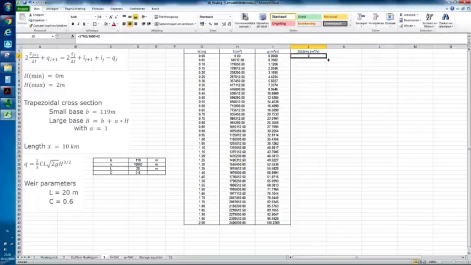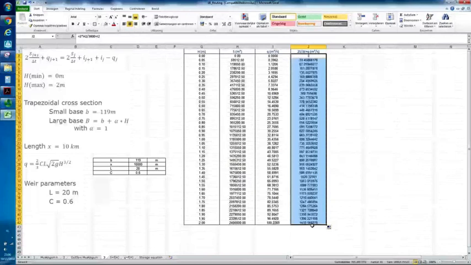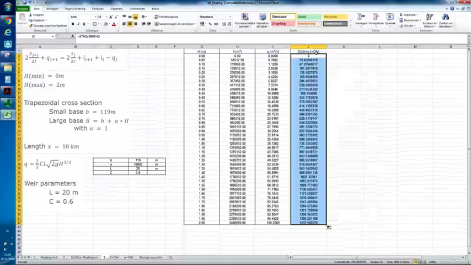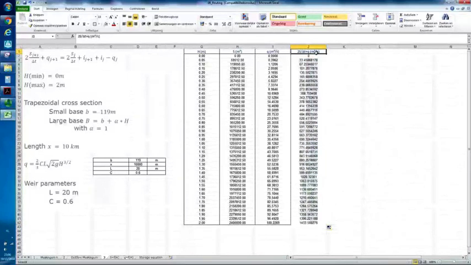So if we drag this, we get actually the values of our left-hand side part of the equation.